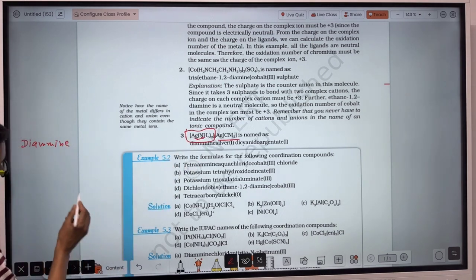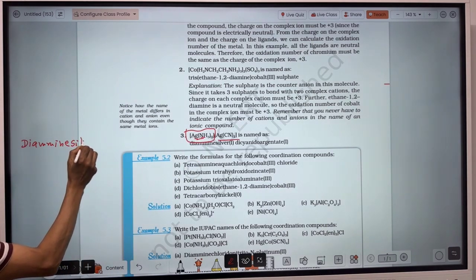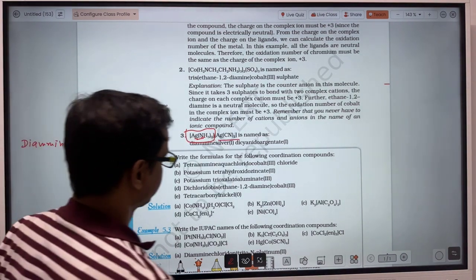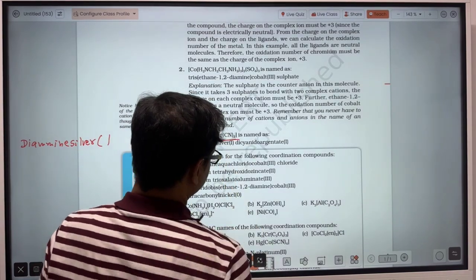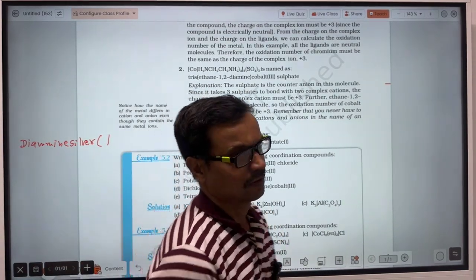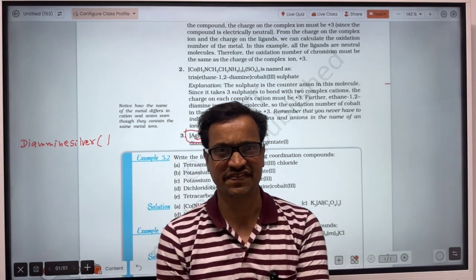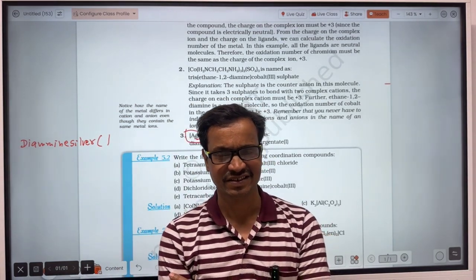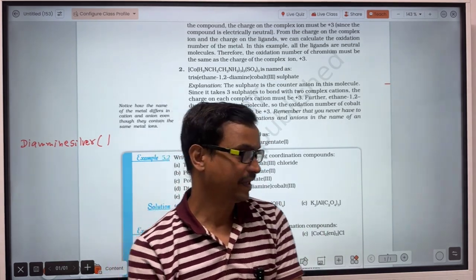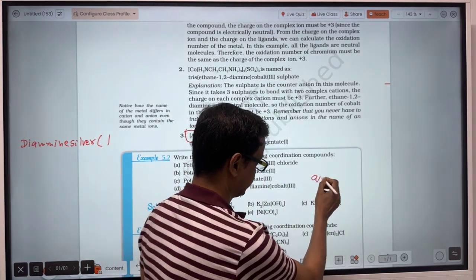So it will be diammine, then silver. Diammine silver, and their oxidation number you will have to write. If the coordination sphere is an anion, then we use the suffix "ate".